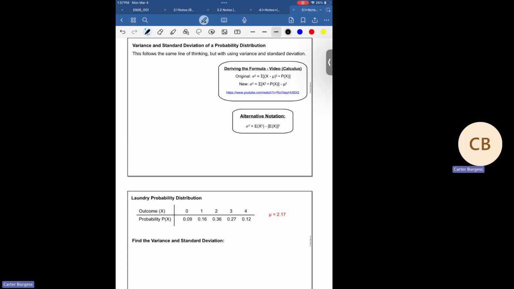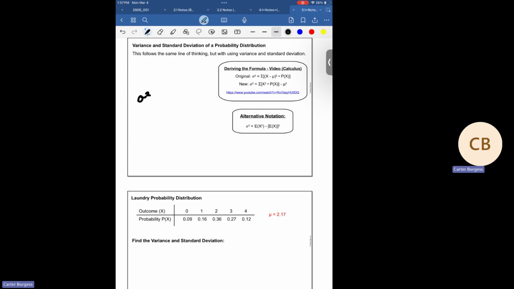If we recall, our variance was the average squared distance between the value that we are looking at, the data point, and the mu. But now we have another word for average. What is our other word for average? The mean, or new word, same as the mean.